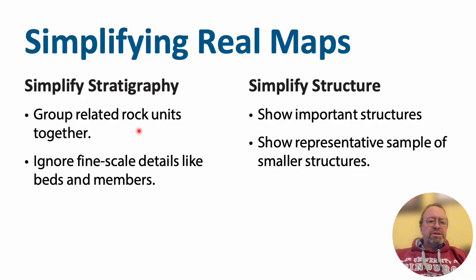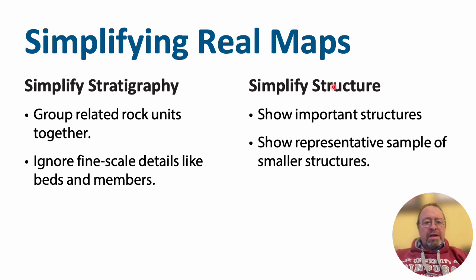First of all, we want to group together rocks that are similar to one another, and particularly fine-grained, small scale features like beds or members. We don't care about that on the regional scale.